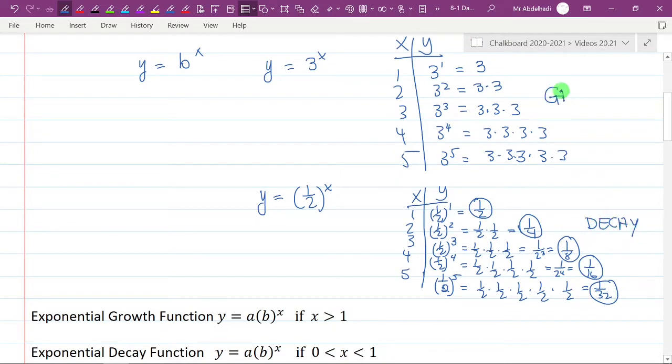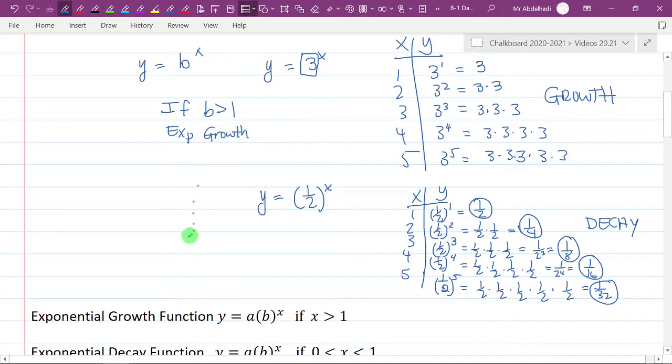And this is exponential growth up here, okay? So hopefully you can see the difference between these two situations. When your base, this number right here, is greater than 1, if b is greater than 1, this is exponential growth. But if your base is less than 1, and I'm not talking about negative, I'm just talking about less than 1.